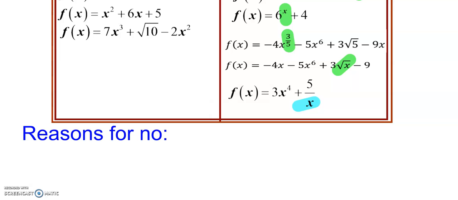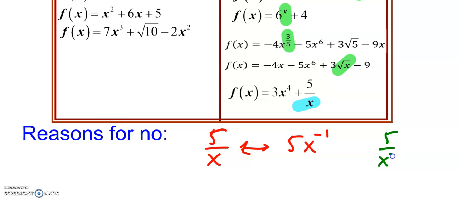But in this case, let's just use what we have. So 5 over x is the same thing as 5x to the negative first. So whenever we have a variable in the denominator, that is actually considered a negative exponent in the numerator. Just to give you another example, I'm just going to stick with the 5, that part doesn't matter, 5 over x squared would be 5x to the negative second.